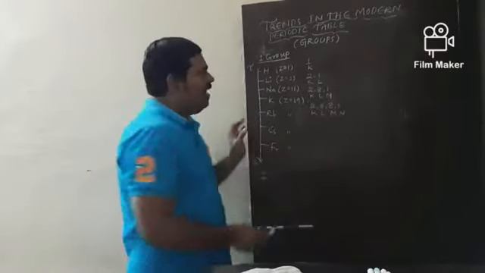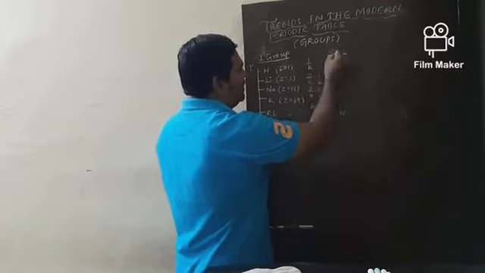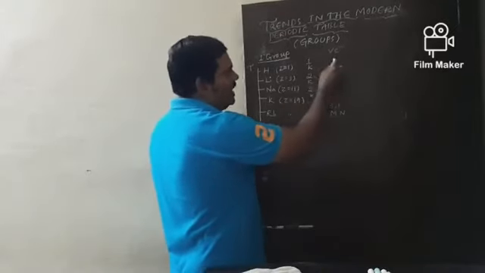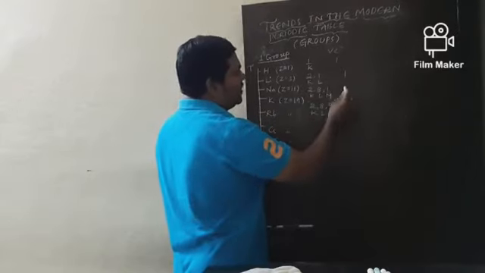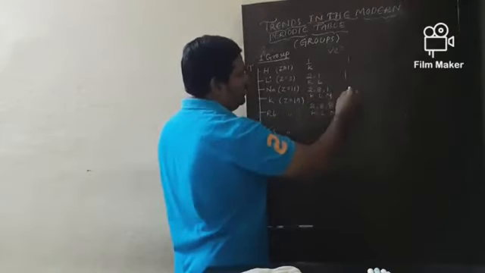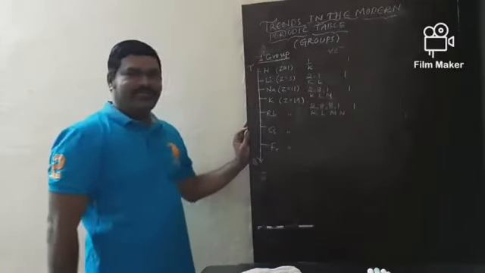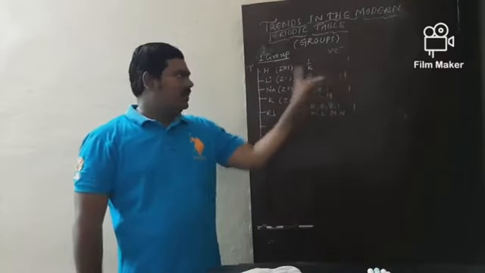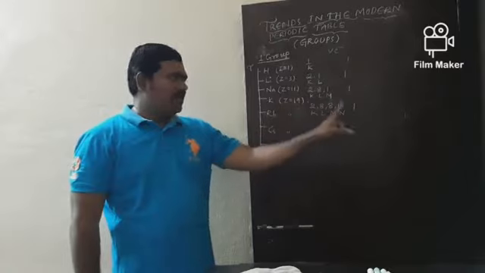Now tell me how many valence electrons are there in hydrogen. 1 valence electron. Lithium also 1 valence electron, sodium also 1, potassium also 1.